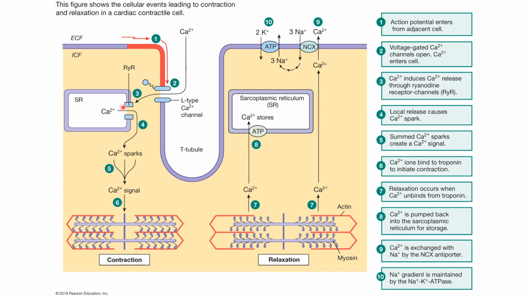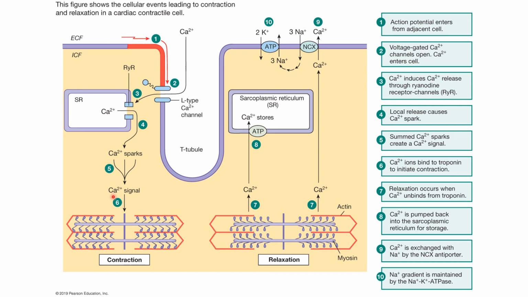And once calcium is released, calcium is going to bind to the troponin protein found on the actin filaments. Once calcium binds to troponin, the cross-bridge cycle can initiate.